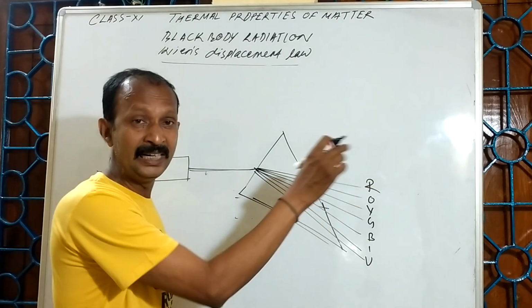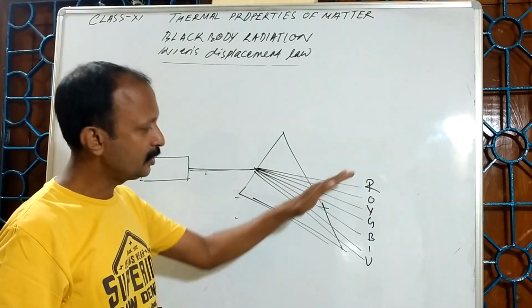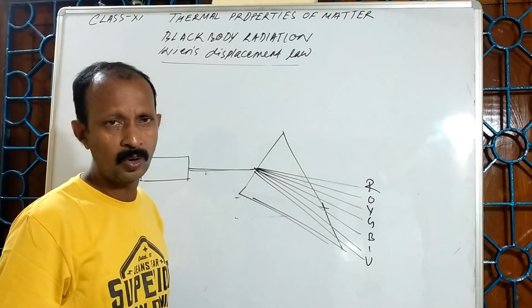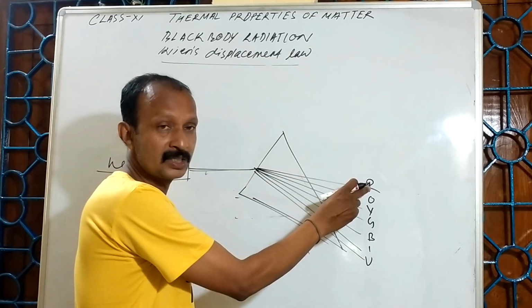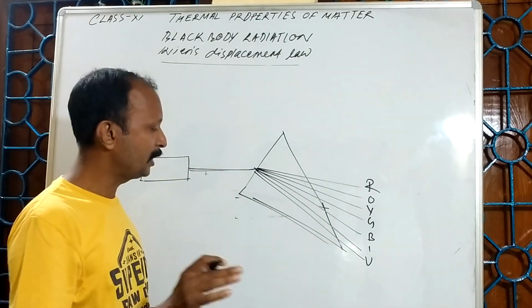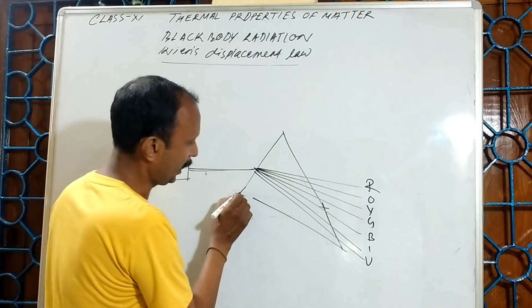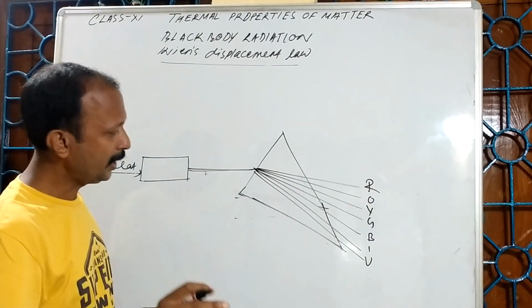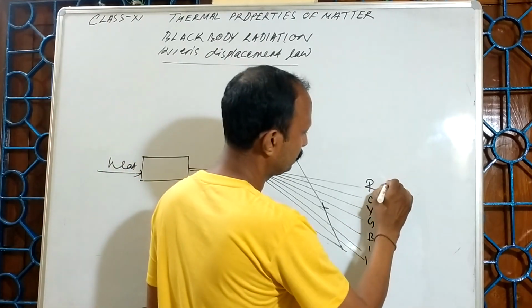Red deviates the least, its wavelength is maximum. So for radiation with more wavelength, the bending is less; with less wavelength, the bending is more. You have studied that in earlier classes. Now listen carefully. Suppose I take one detector.